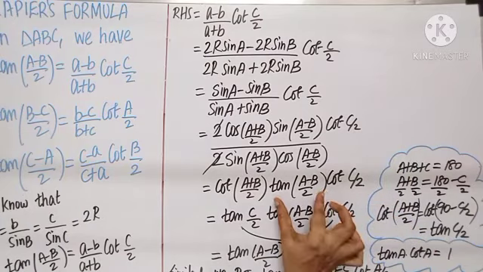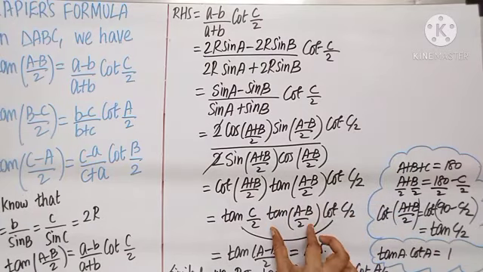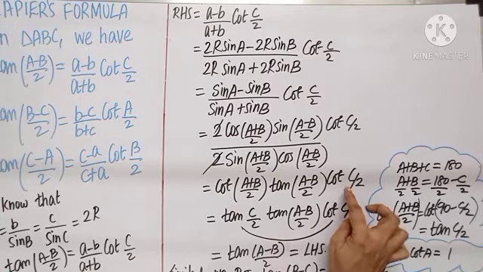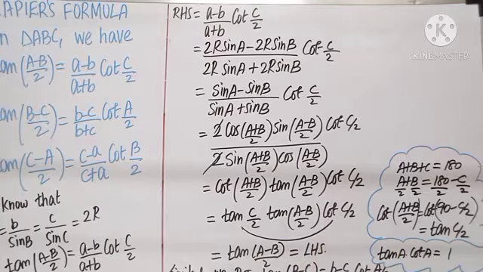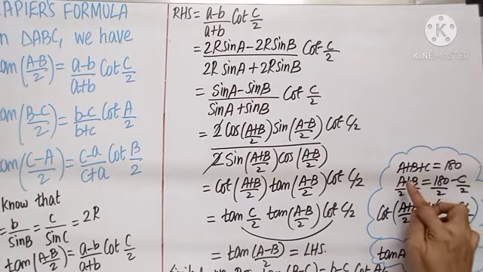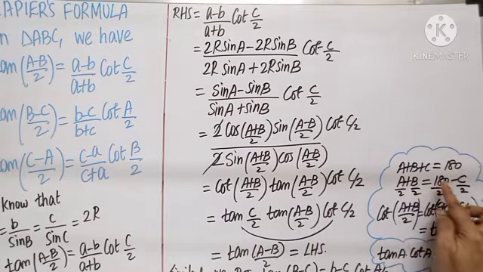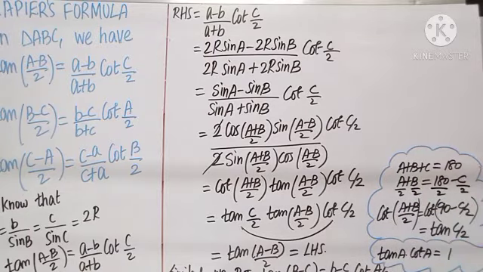We need only this term in the LHS. That means the other two must get cancelled. So how to do it? We rewrite using the triangle idea, A plus B plus C is 180. If A plus B plus C is 180, A plus B is 180 minus C, dividing by 2.